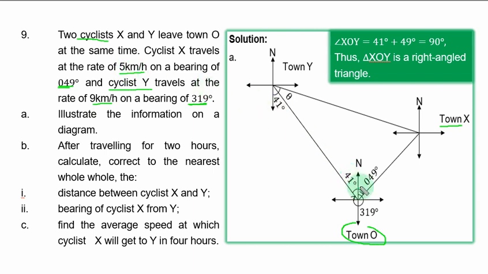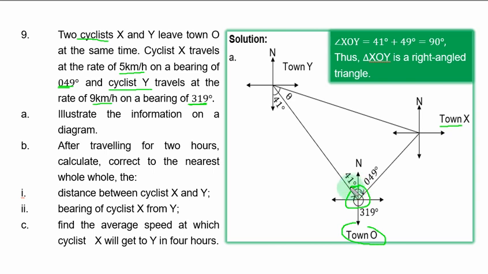Now the whole of this place is 319, and you know that the whole quadrant is 360 degrees. So if from the north to this point here is 319, the remaining place here becomes 41 degrees.